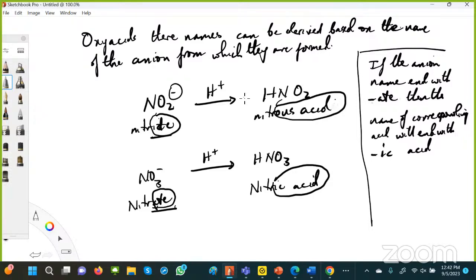If we're talking about oxyacids, remember oxyacids are acids which contain oxygen, right? So just to give you some other examples, let me clear this here. This is called the sulfite ion.